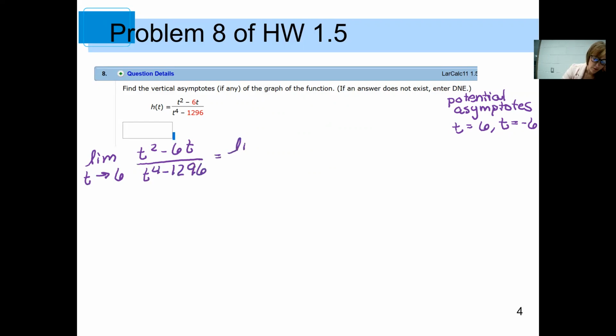Now I'm going to do this a little bit faster. If you get stuck, feel free to pause the video and evaluate the limit using some previous techniques that we've talked about. I'm going to factor out a t, I get t minus 6. And then in this denominator, using what I just erased, we've got that t minus 6, that t plus 6, and that t squared plus 36 for that factored form.